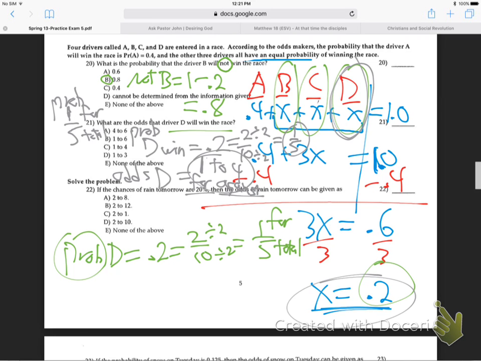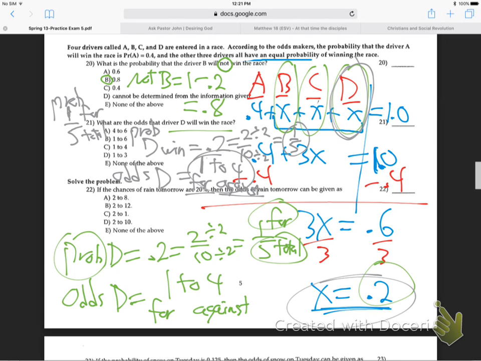Just always remember probability is for over total. Then I think, okay, now I need to do the odds for D. How are odds different? Instead of for and total, they're for and against. So if there's 5 people in a room total, and 1 is for D winning, how many are against D winning? 4. Okay, so that's why it's 1 to 4.